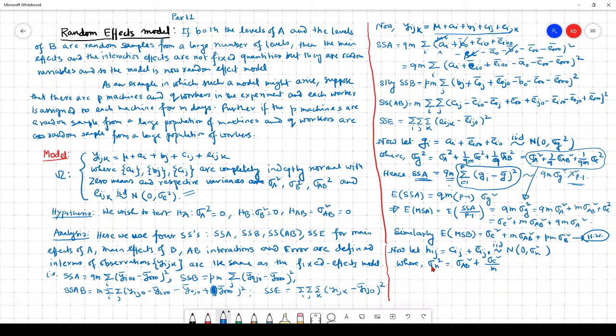So therefore, we look at the expression of SSAB, which is equal to m, if you replace this part by Hij, so this is equal to m times the sum of Hij minus Hi not minus H not j plus H not not, whole square.